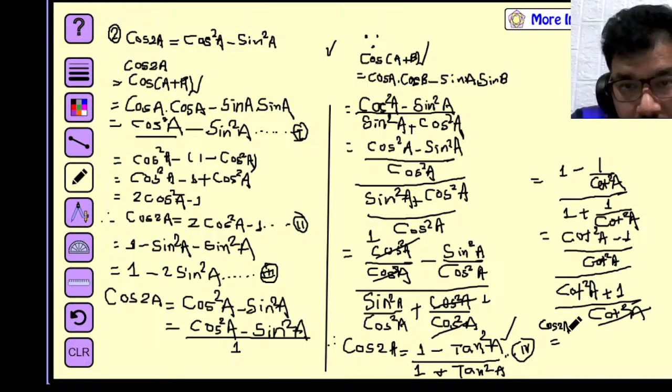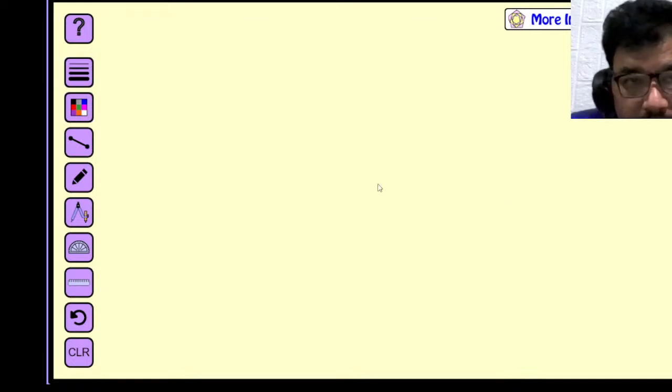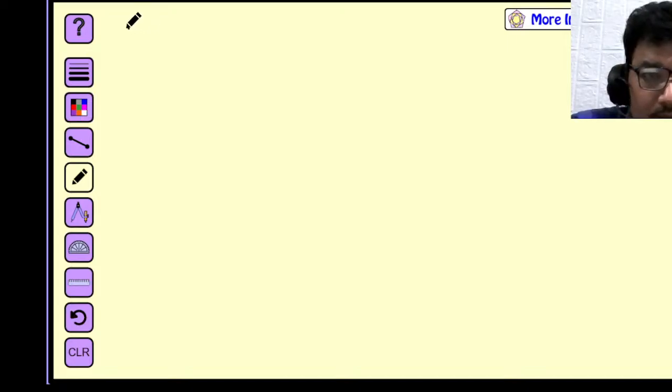Cos 2a equals cot square a minus 1 upon cot square a plus 1. We got this relation, cos 2a in terms of cot a.